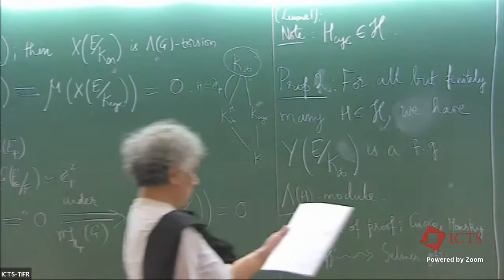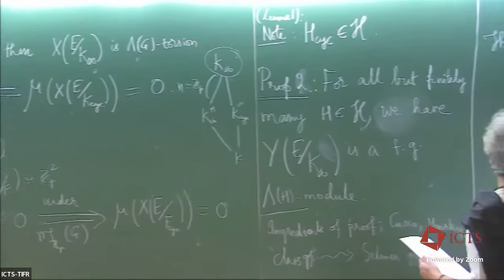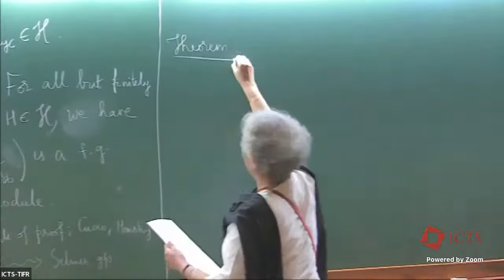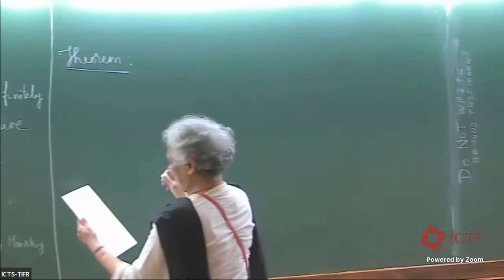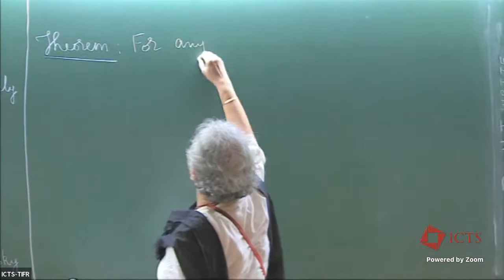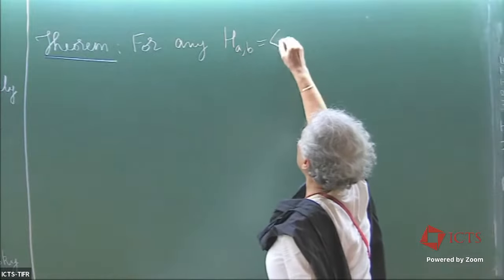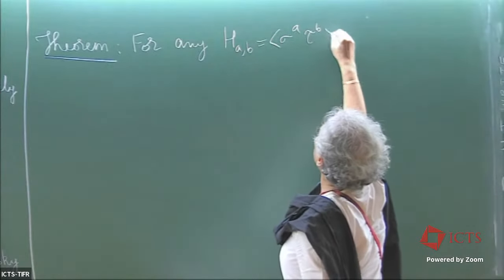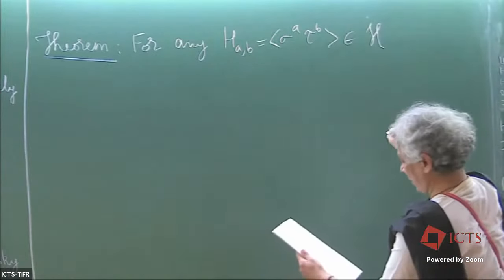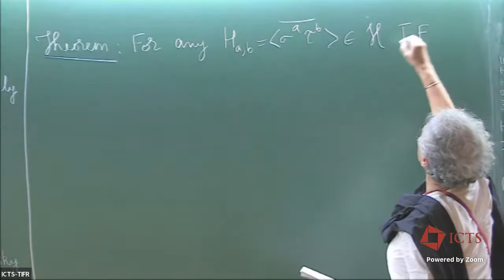All right, so now let me state this theorem. And then I'll give one numerical example. Well, I'll say some applications. So for any H_{a,b}, remember this way of parameterizing, sigma^a tau^b in H, the topological closure of this, the following are equivalent.